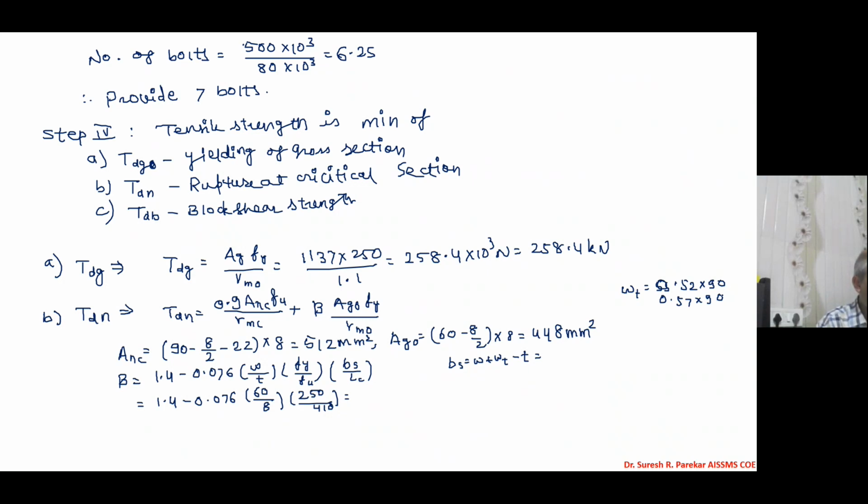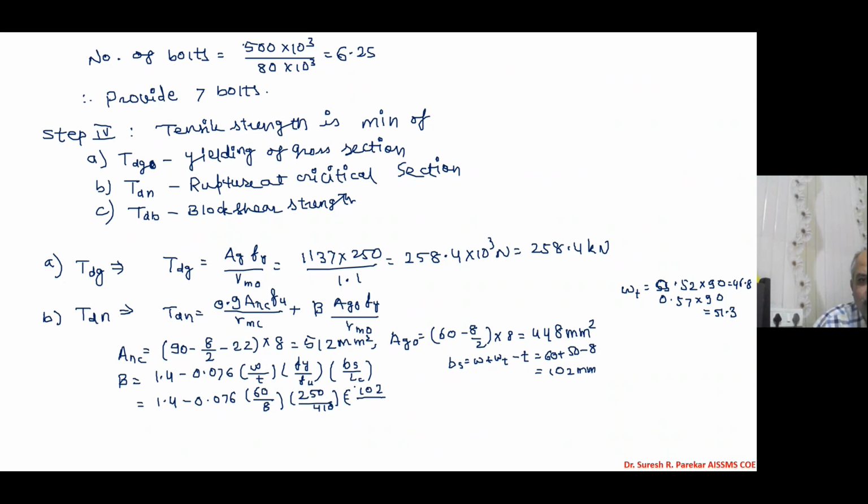So 0.52 into 90 is 46.8, and 0.57 into 90 is 51.3. Therefore provide it as 50. And then we will get 110 minus 8, so 102 millimeters. So we have this as 102.